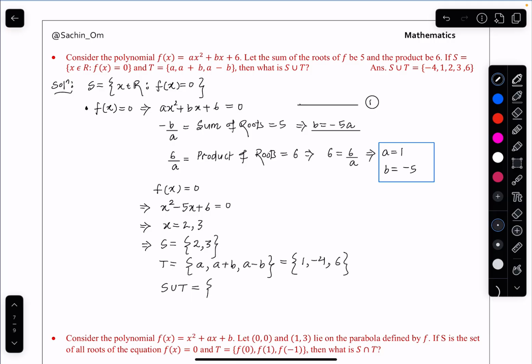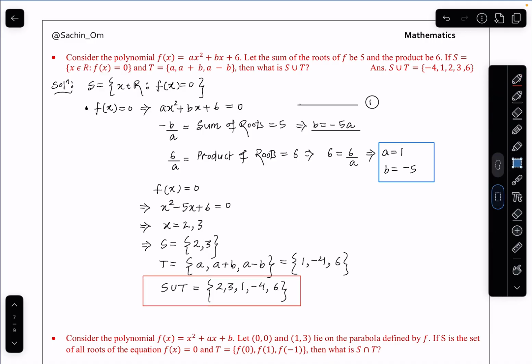So the union of S with T would be collecting elements from S, which are 2 and 3, collecting elements from T, which are 1, comma minus 4, comma 6. So this is what the union of the set we are talking about would be. S union T is equal to the set which has 2, 3, 1, minus 4, and 6 in it.